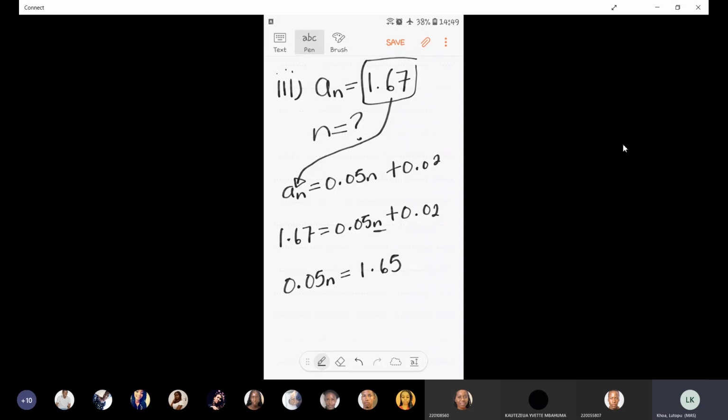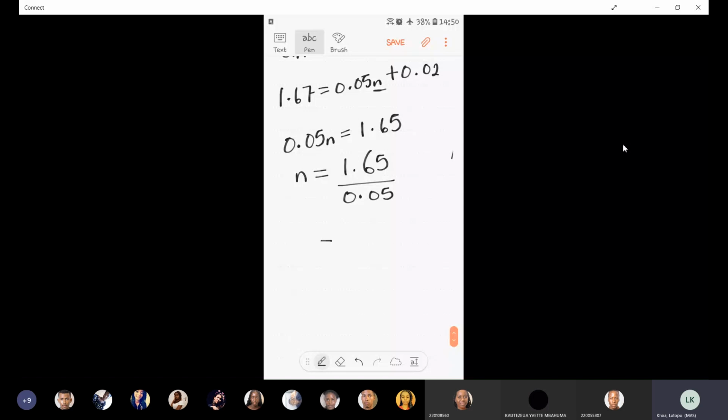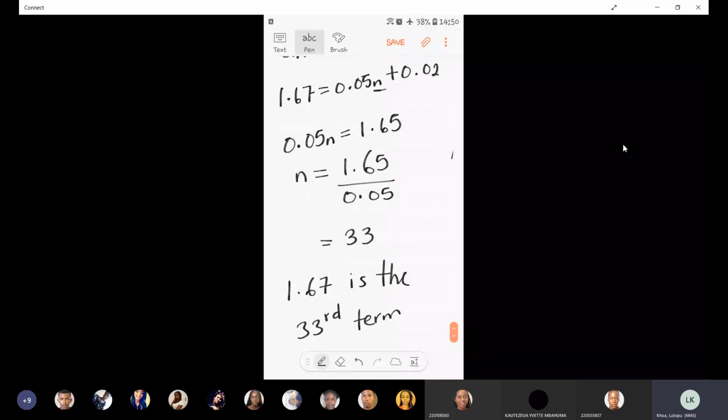Then I will divide 1.65 by 0.05. So I have n, 1.65 divided by 0.05. And here I get n is equal to 33. So here we can then conclude that 1.67 is the 33rd term in the sequence.